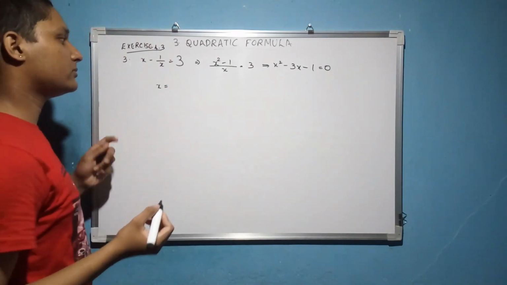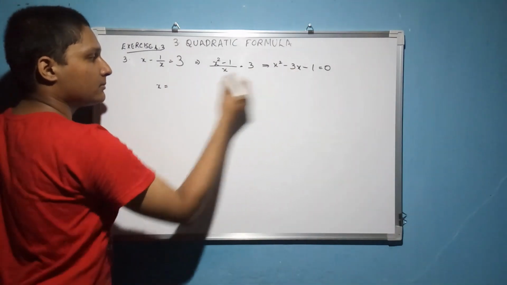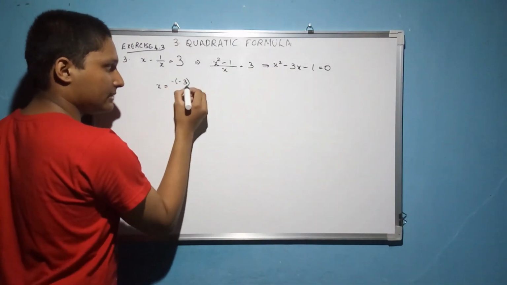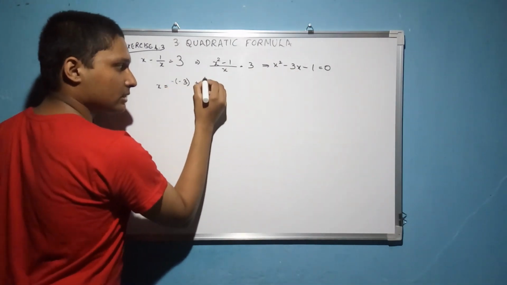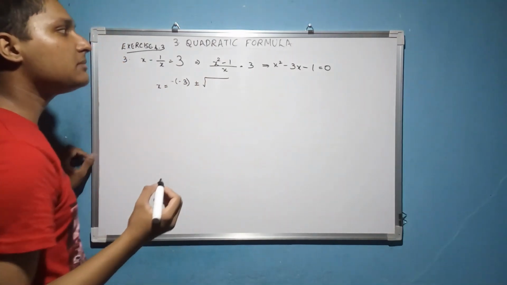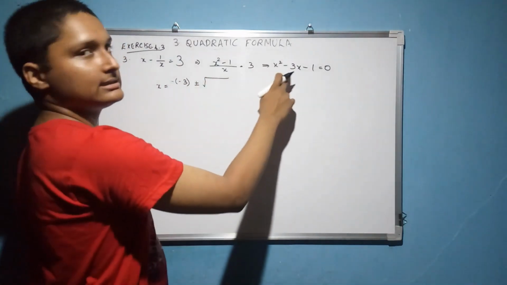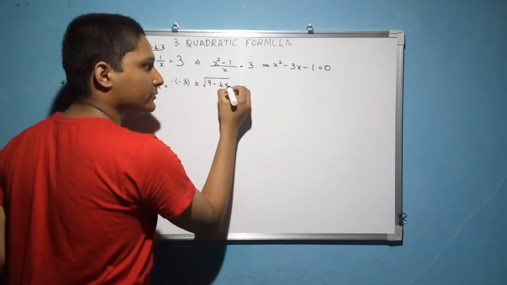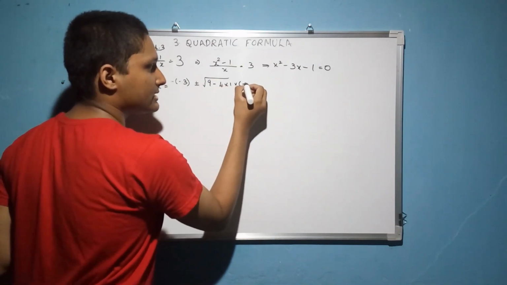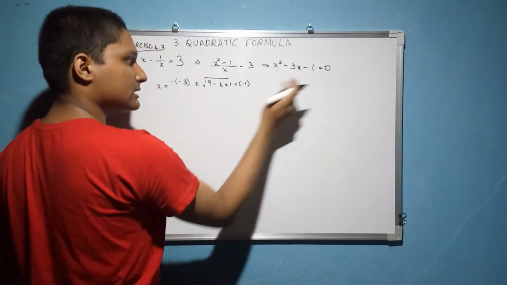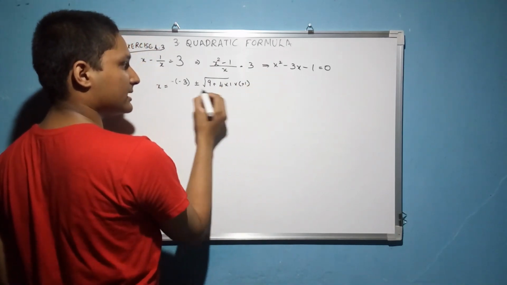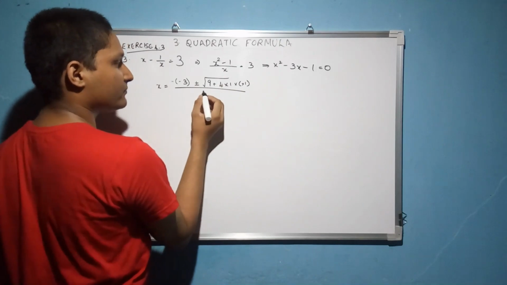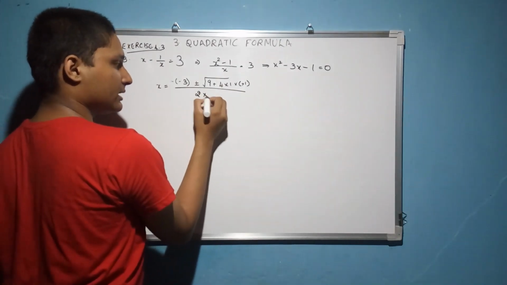Using the quadratic formula, it is −b, that is minus of minus 3, plus or minus root of b² − 4ac. b² is (−3)², that is 9, minus 4 into 1 into −1. A is 1, c is −1. So minus of minus is going to be plus, and you need to divide it by 2 into a.